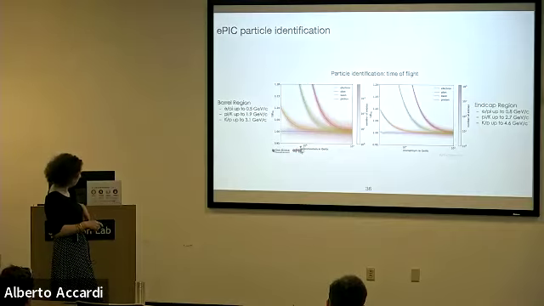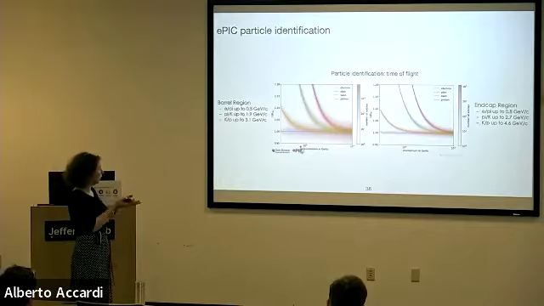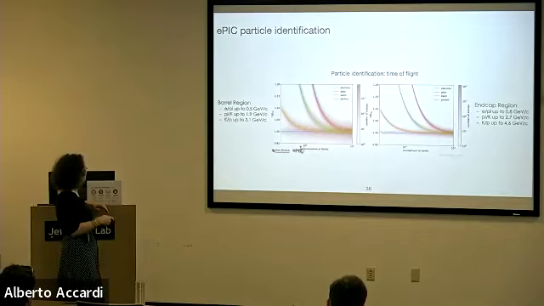Here you see, for regions in the barrel and the end cap of the detector, as a function of 1 over the speed of the particles, how well you can distinguish electrons from pions, from kaons, and from protons. And this works well in this low momentum region.